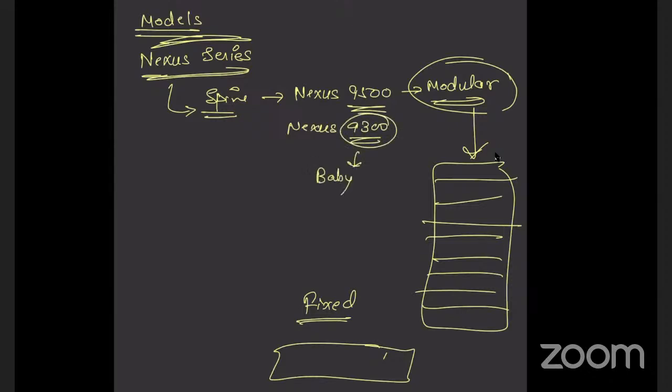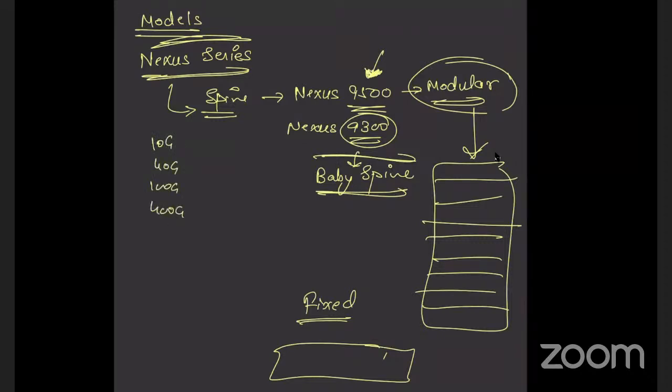These are used where you don't need much port capacity, where there is a smaller number of devices. But 90 to 95% of the time, you will find the spine switches from the 9500 series. They can go from 10G to 40G to 100G to 400G.